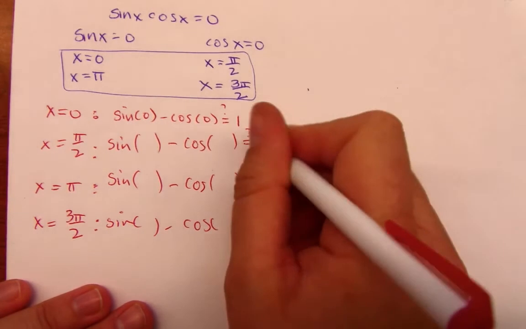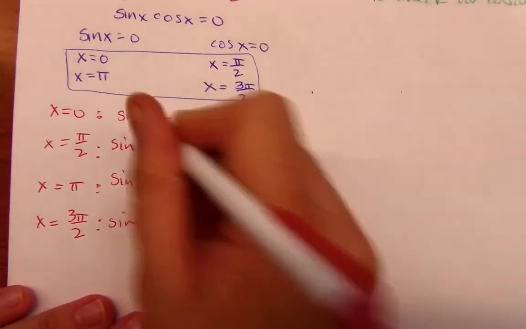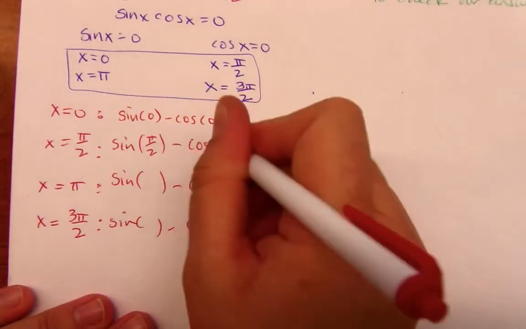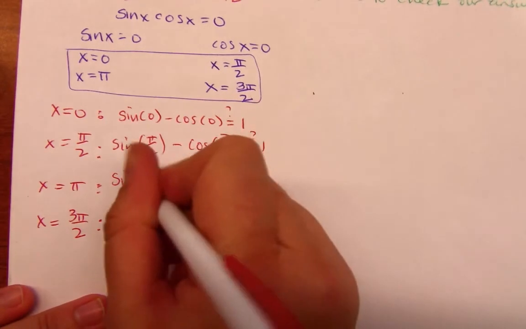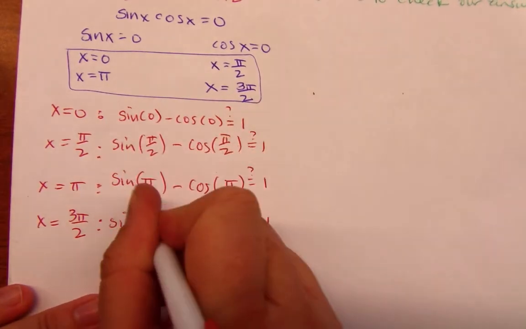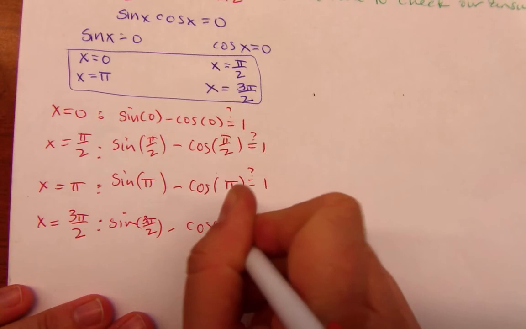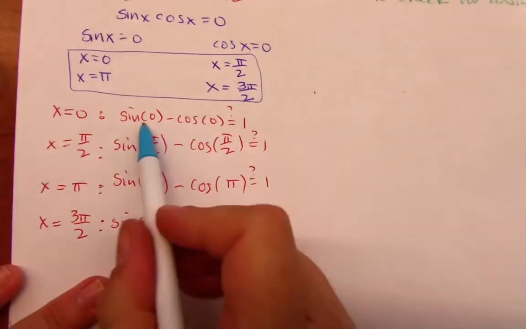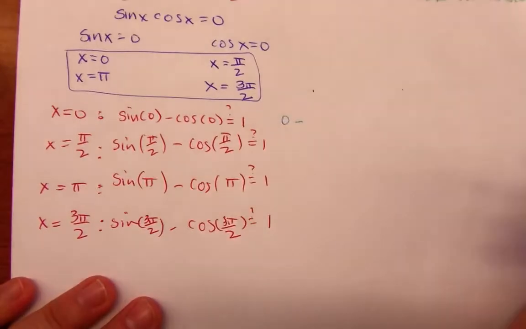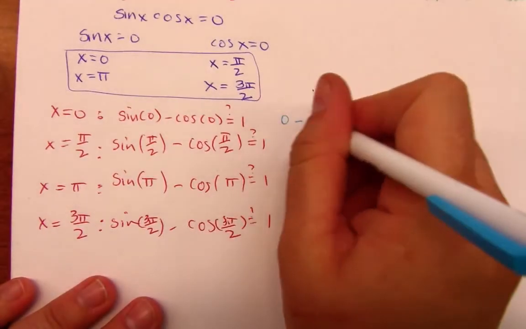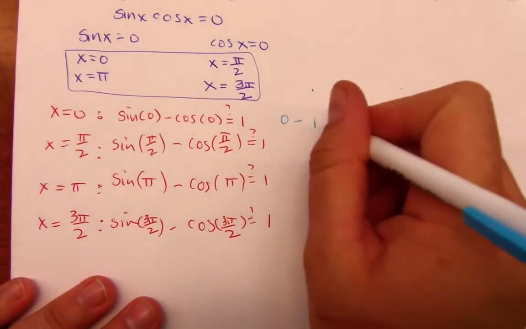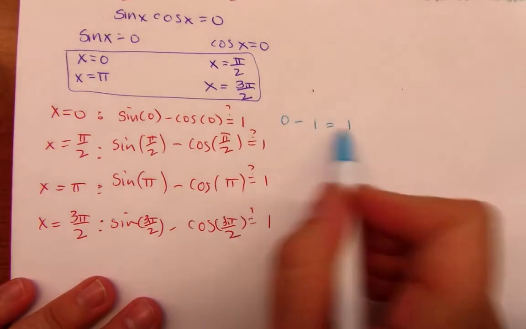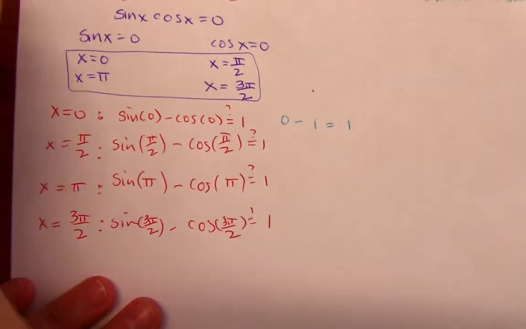Me personally, I just like to have these all set up at the beginning and plug things in. So we have pi over 2, pi, and 3 pi over 2. And so now what we're checking here is, well, sine of 0 is 0 minus cosine of 0, which is 1, and that equals 1. Negative 1 does not equal 1, so this is false.